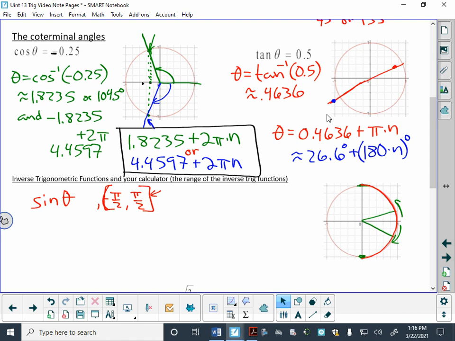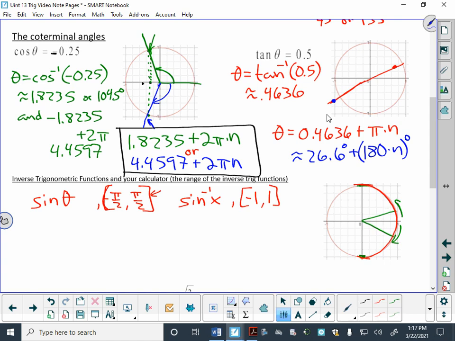Since the range of the sine goes from negative 1 to 1, the domain of the inverse sine is going to be from negative 1 to 1. I can't put any numbers bigger than 1 or smaller than negative 1 into the inverse sine.